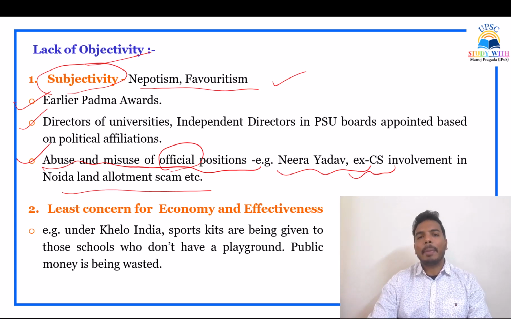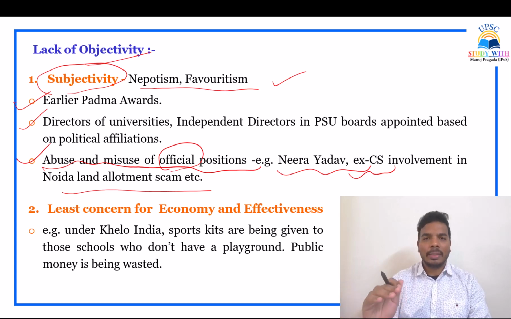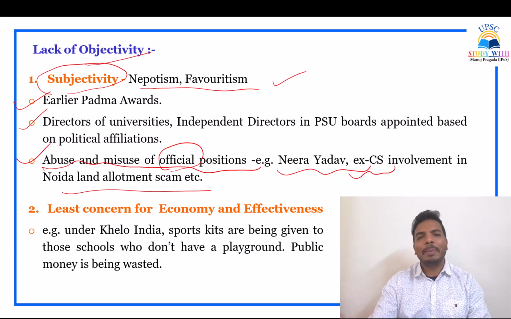But the decision was that every school was to be given kits. So every school has been given these kits, but many schools don't have any playground. The government has not collected any data on which schools have playgrounds and which do not. They have provided the kits to every school, and in schools without playgrounds, those kits have been wasted.